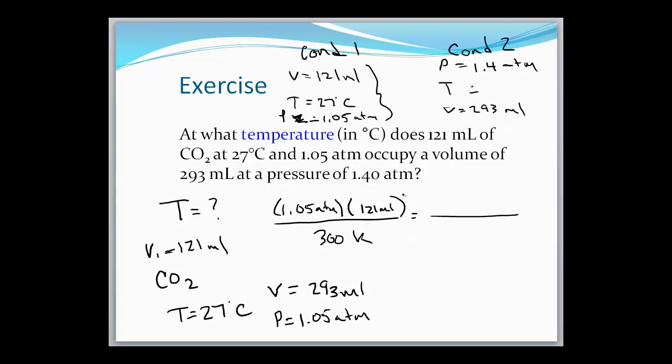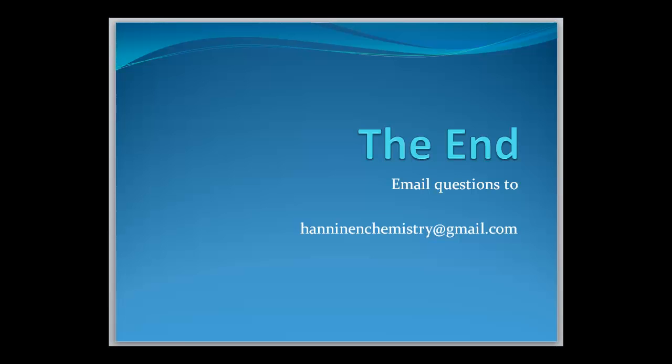Set that equal to our new pressure, 1.4 atmospheres, 293 milliliters, and then solve for the new temperature. And we get 968 kelvins. So the point of this problem is realizing that you have to differentiate between changing conditions and standard conditions. Or not standard conditions, but steady conditions.